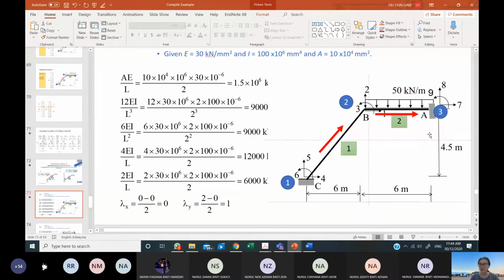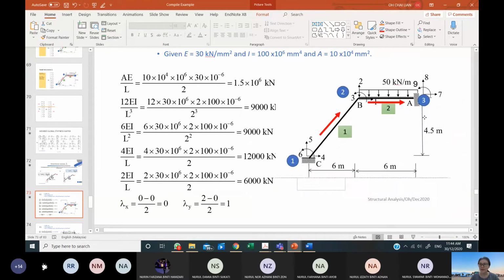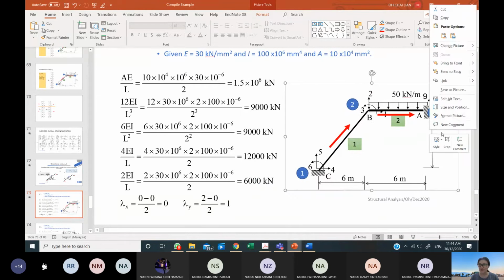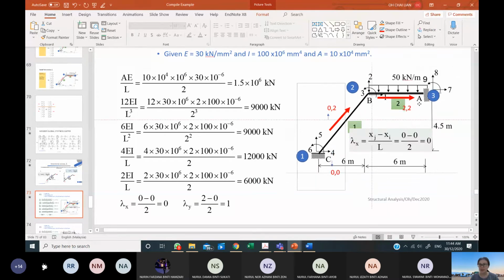give coordinates to this structure first. Can you help me? If we put a reference 0, 0 at C, what is the coordinate at B? And what is the coordinate at A?